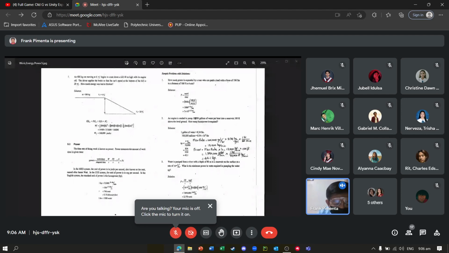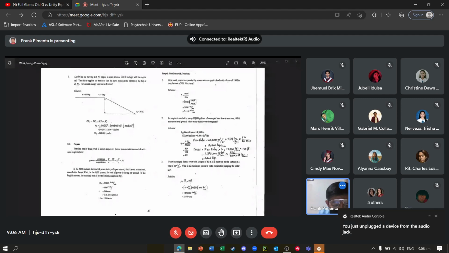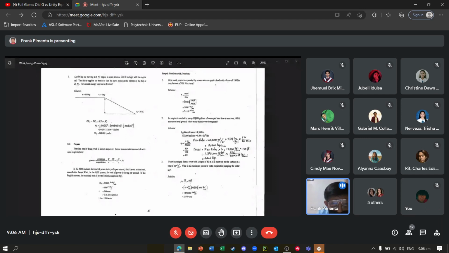We have the term power. Power is the time rate of work. There are several formulas for power. Power is denoted by capital letter P, and it is equal to the work divided by the time.